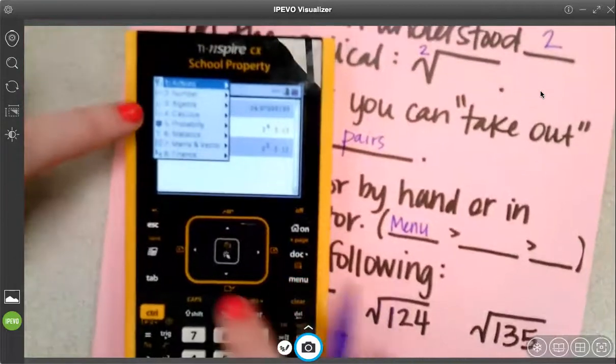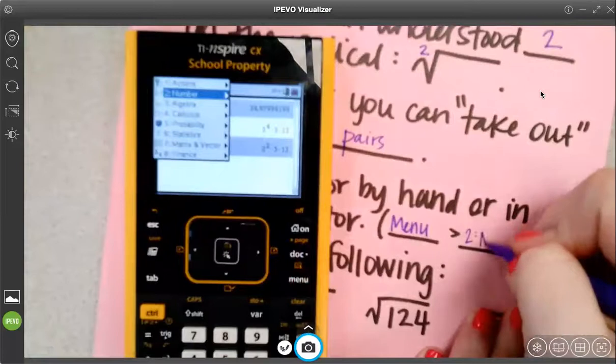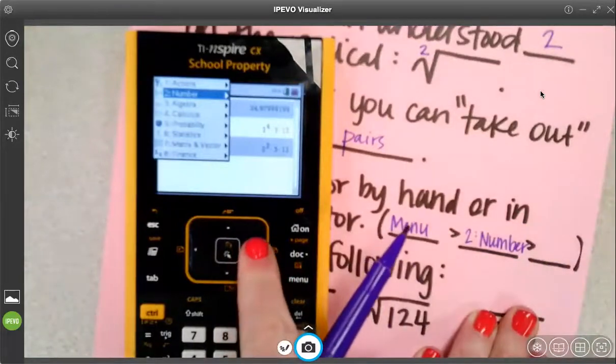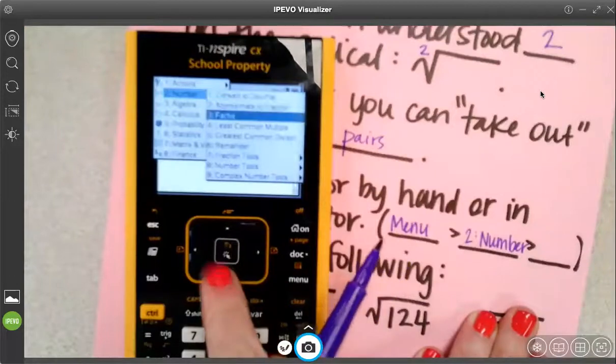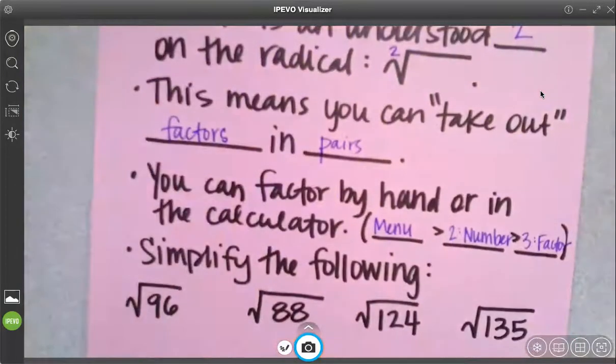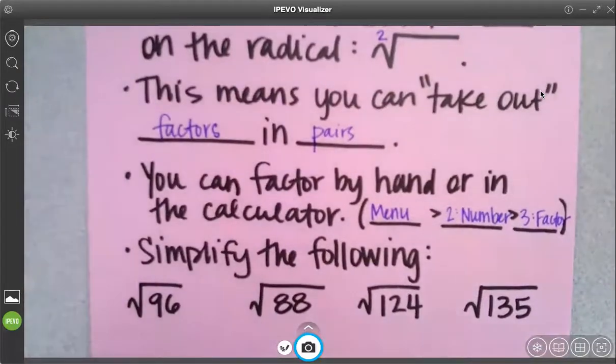And then option number 2 is number. And then after number, you're going to choose option number 3, which is factor. Menu, number, and factor, or menu 2, 3. And you can just type the 2 and the 3. You don't have to use the cursor keys.